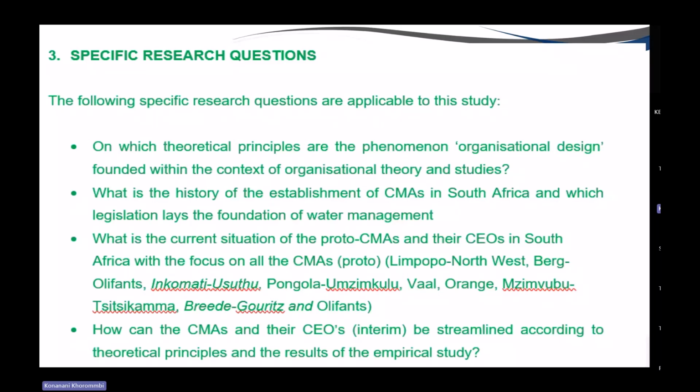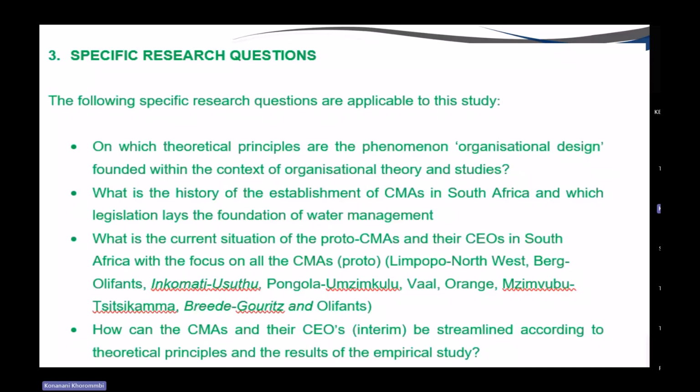So the specific research questions read like this, and let me only read the first one to show that it actually gives effect to the principal research question. It says, on which theoretical principles is the phenomenon of organizational design founded within the context of organizational theory and studies?